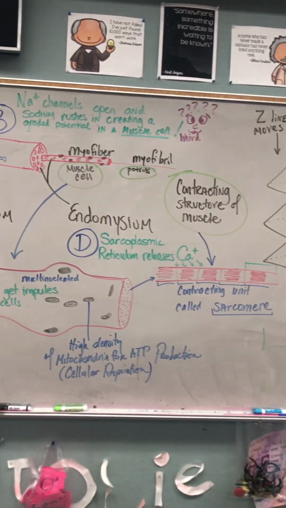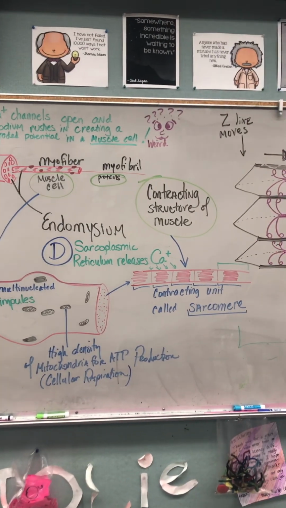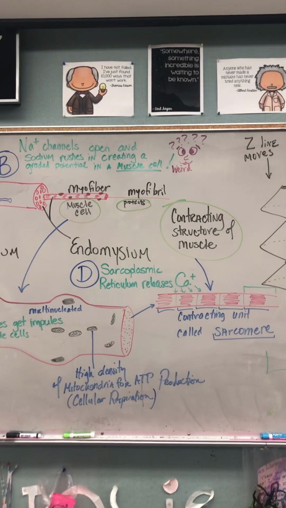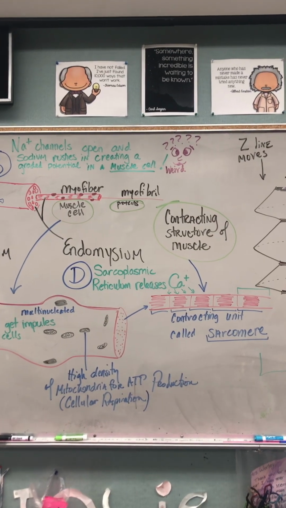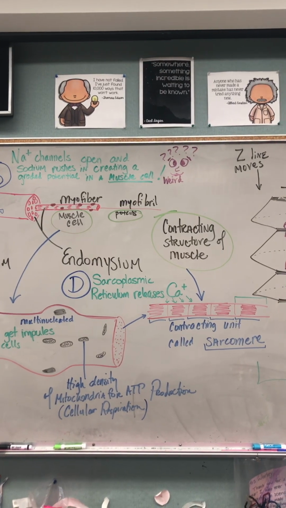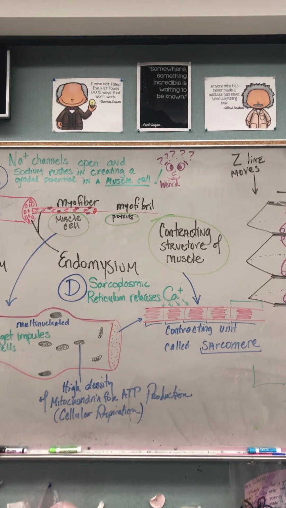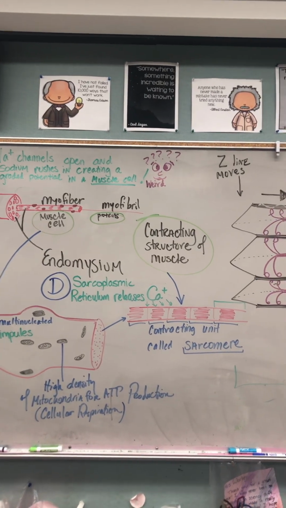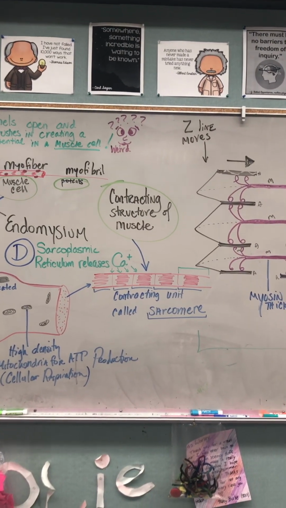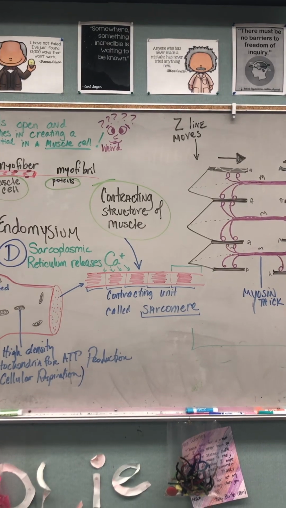Then I mentioned that sarcoplasmic reticulum, that is going to get innervated when that impulse comes through those T tubules and triggers that sarcoplasmic reticulum, which is a big brother or big sister of a smooth or rough ER. It's going to release a whole bunch of calcium, and that's what's going to allow the next step, or the contracting phase, to occur.